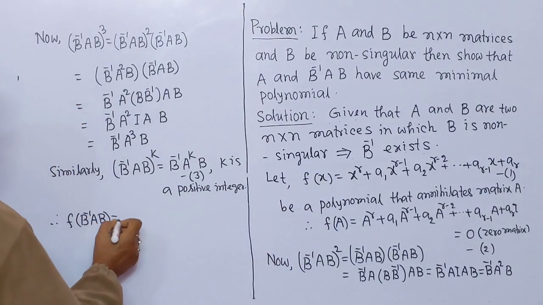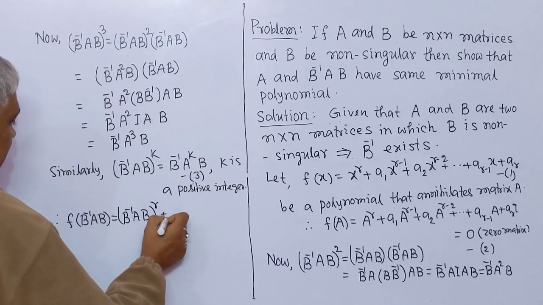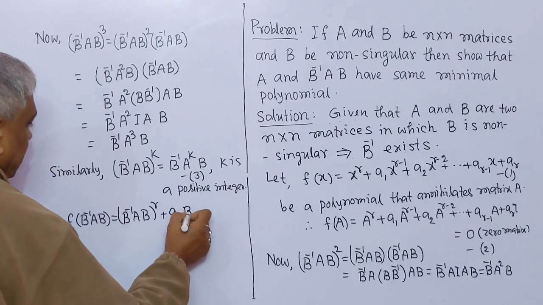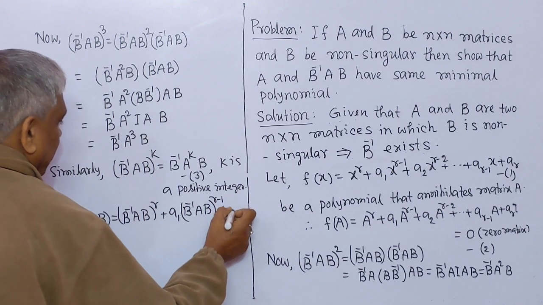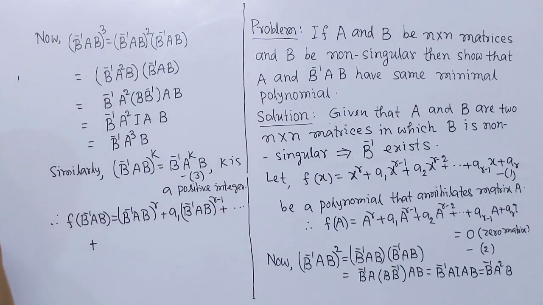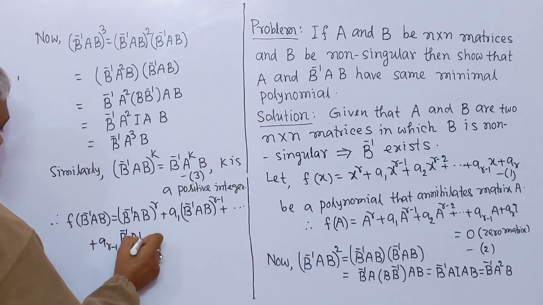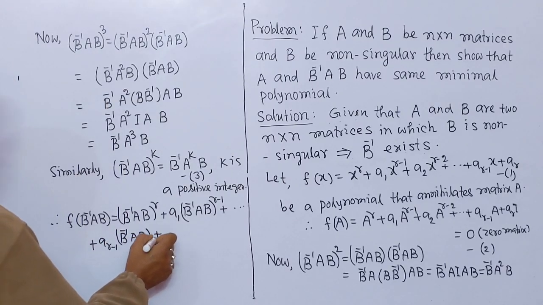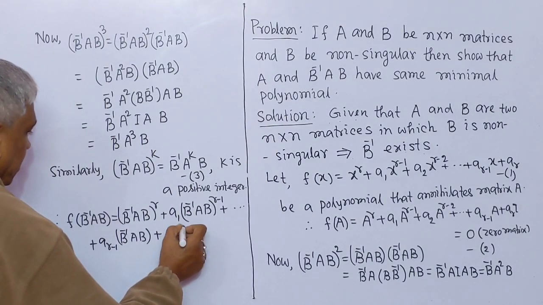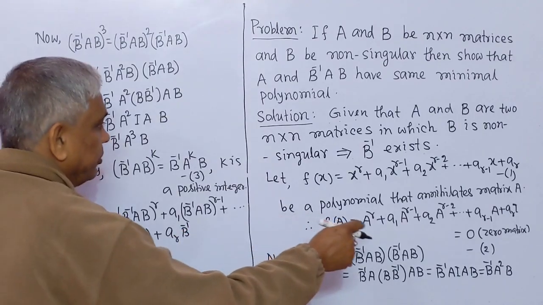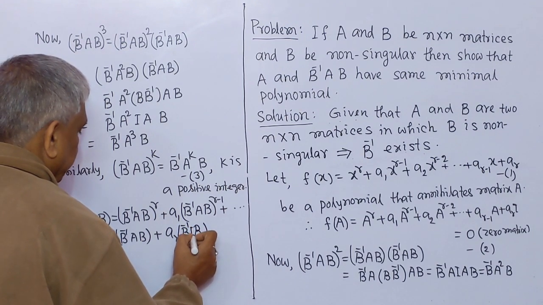We write here (B inverse AB) whole to the power r plus a1 (B inverse AB) whole to the power r minus 1 plus ... plus a(r minus 1) B inverse AB plus ar multiply, in place of unit matrix we may write B inverse unit matrix I into B.